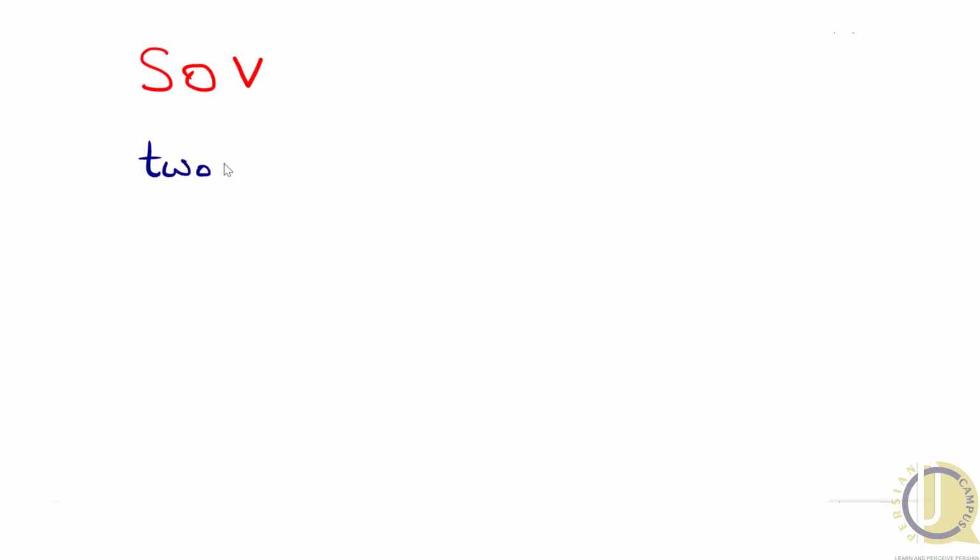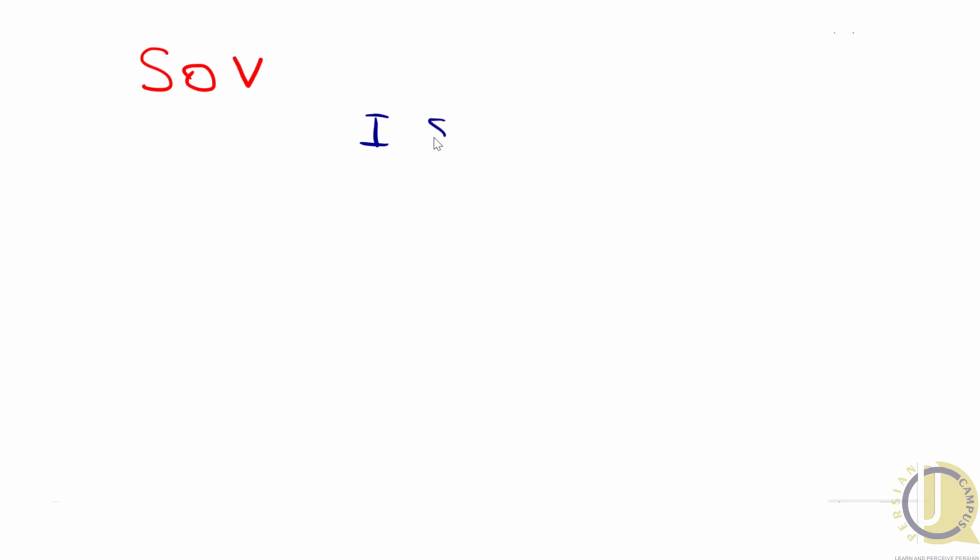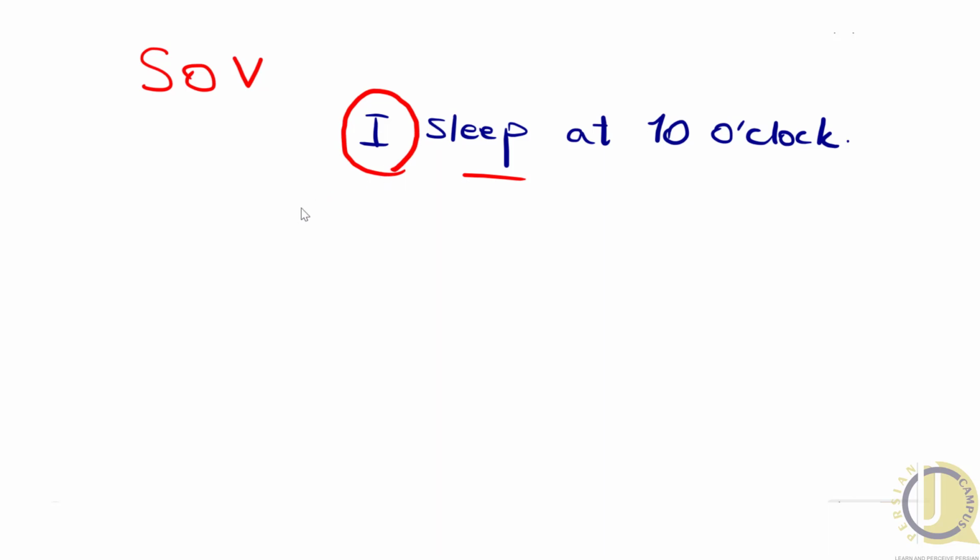Every sentence must have at least 2 components, a subject and a verb. Intransitives are verbs that do not require an object, as in, I sleep at 10 o'clock, where sleep only needs a subject, such as I, to make a full sentence.